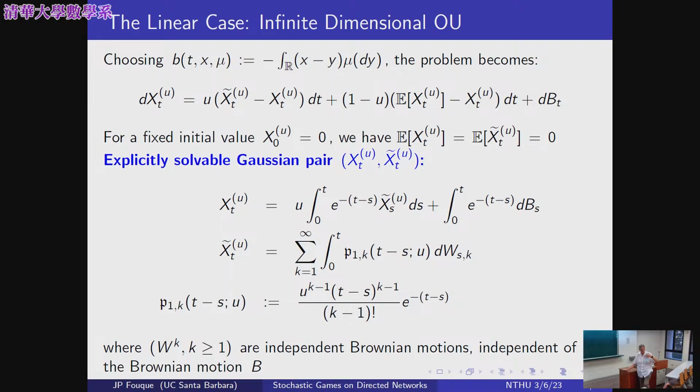That's why it's an explicit formula. There is a little bit of work to do that, but it's not too complicated because it's a Gaussian computation. This kernel here can be computed explicitly. Those Brownian motions are independent, and independent of the first Brownian motion. So this describes exactly the solution of this equation.